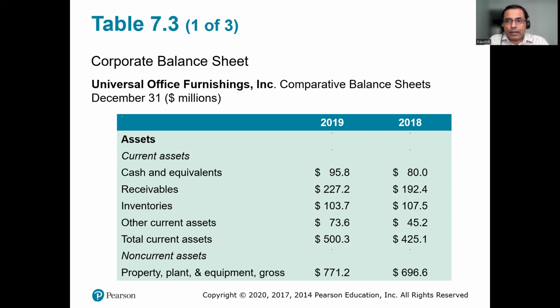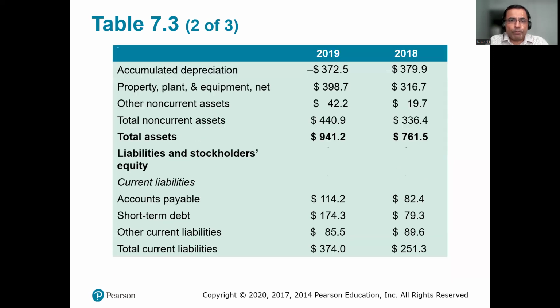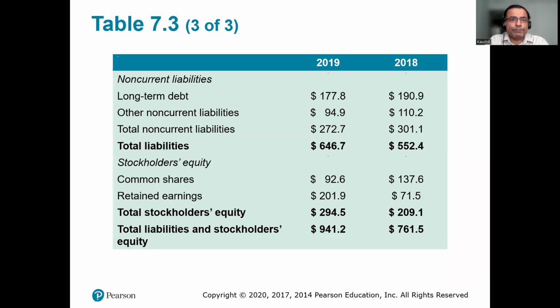balance sheet. So we have current assets, that is items which are owned for less than a year, so cash, receivables, inventories, and so on. And then we have non-current assets, mainly property, plant, and equipment, less of accumulated depreciation. So that is the net non-current assets. And on the liability side, we have current liabilities, obligations which are due within 1 year, accounts payable, short-term debt, and so on.